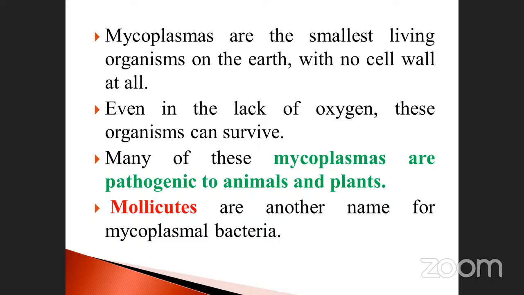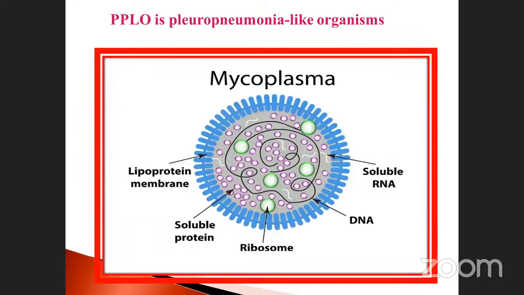See here, this is the mycoplasma structure, our PPLO, pneumonia-like organism. Mycoplasma do not have the cell wall structure. At the same time, the outermost covering is a lipoprotein membrane. There is soluble protein, and also DNA molecule and soluble RNA present in it.